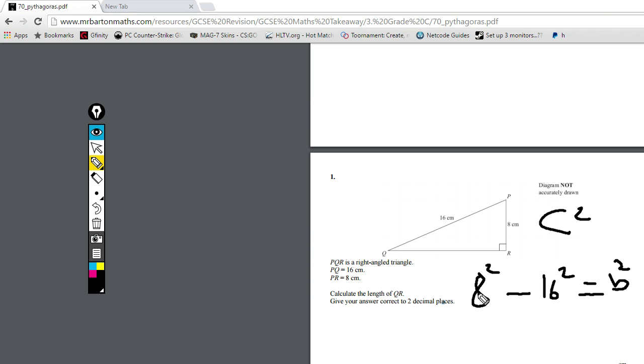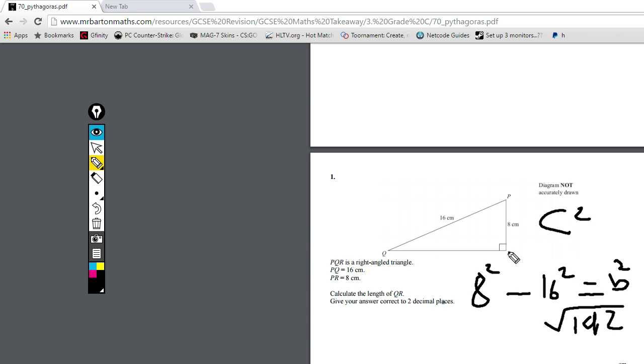And we're going to get the answer, which is actually, no, you can't do it that way, because you have to do 8 squared equals 64, and then you take away the answer that you've already got, 16 squared, and you should get 192. So now we've got 192. We have to square root 192, which will give us the length of QR, which is this side here.